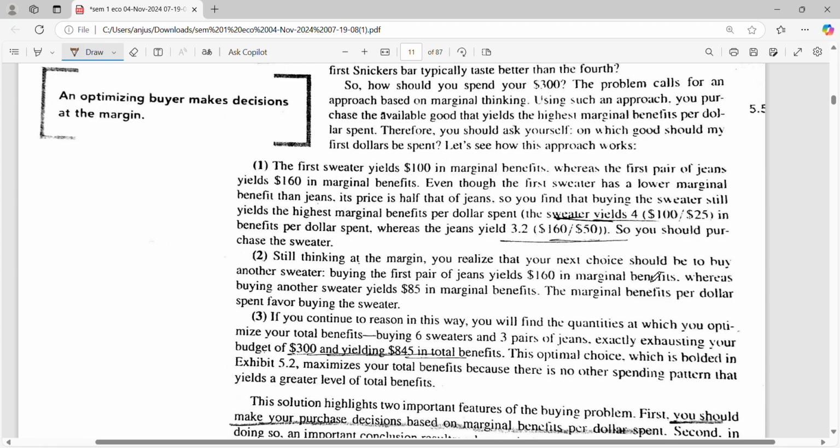After this I'll explain that you need to exactly exhaust your budget. So 6 sweaters and 3 jeans.